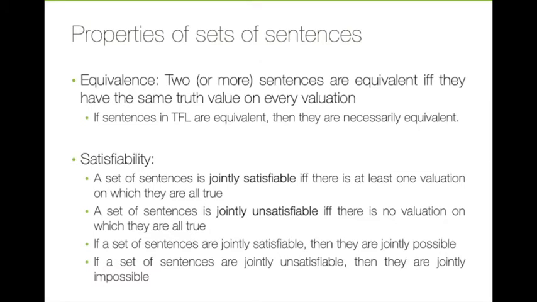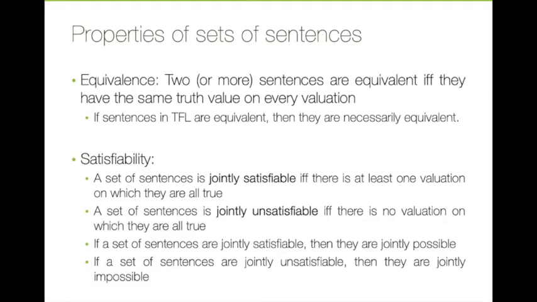Again, the notion of necessary equivalence was covered in that earlier lesson. Equivalence in truth functional logic is a little different than necessary equivalence. So not all necessarily equivalent sentences can be expressed with equivalent sentences in truth functional logic.